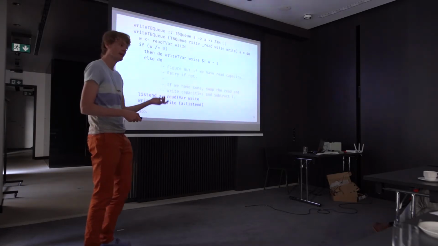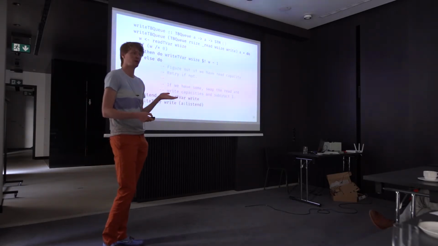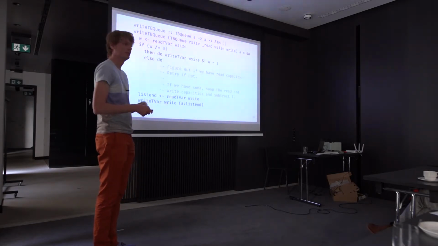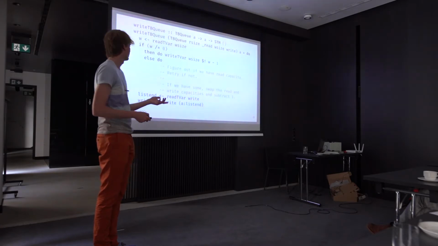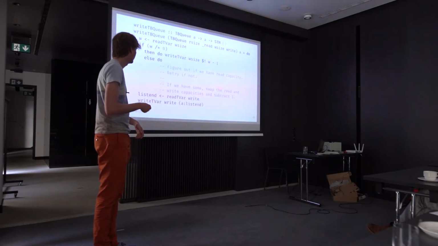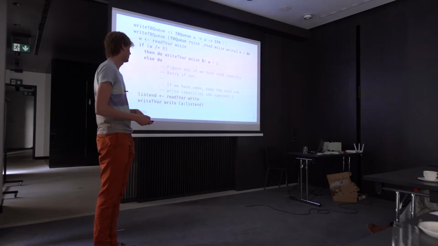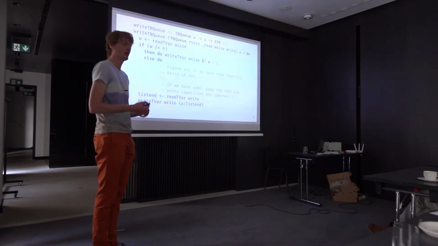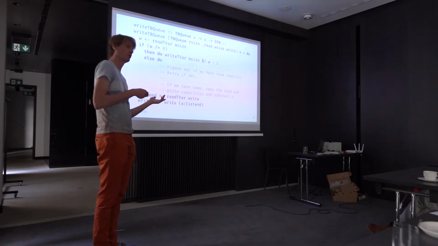But we might have already read 5 elements out of our queue. So that's why we need the read capacity number. And if we have some read capacity left, we can swap the read and the write capacities and subtract 1, and that gets us our new write capacity. Items have disappeared from the queue.